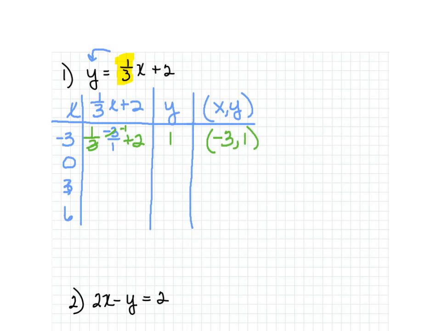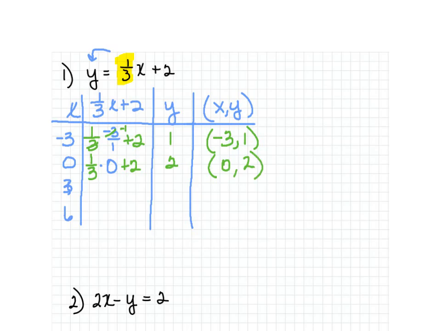Okay, let's go ahead and substitute 0. 1/3 times 0 is 0. 0 plus 2 is 2. So where x is 0, y is 2.